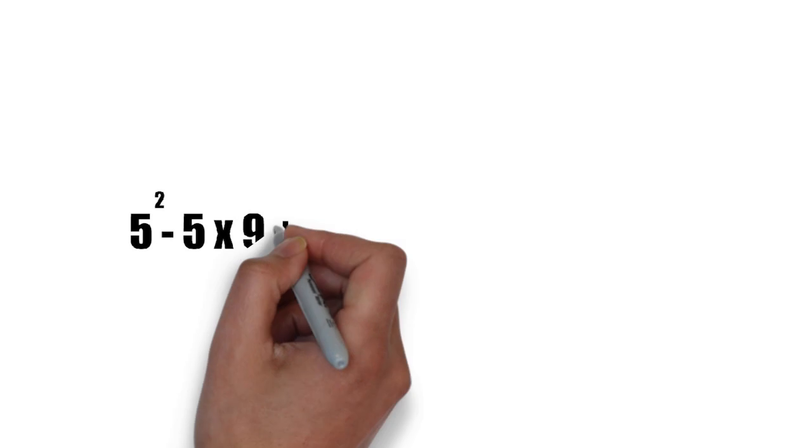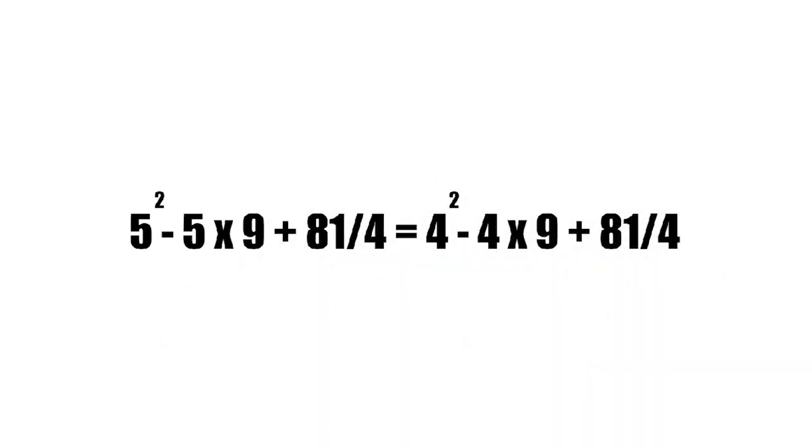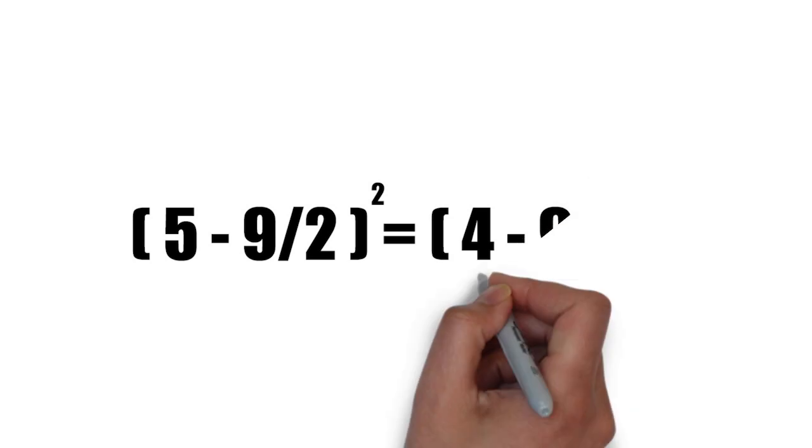We will now add 81 over 4 to both sides, which transforms the left-hand side to 5 squared minus 5 times 9 plus 81 over 4, and the right-hand side to 4 squared minus 4 times 9 plus 81 over 4.